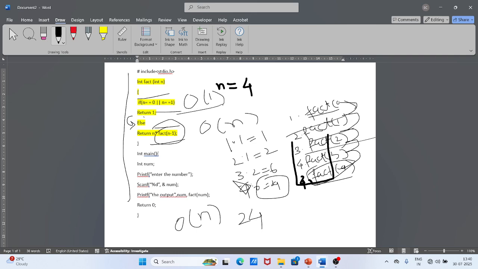You can check the space complexity is order of 1, because here no stack is present.